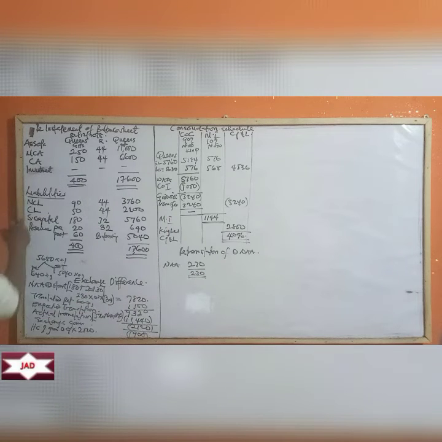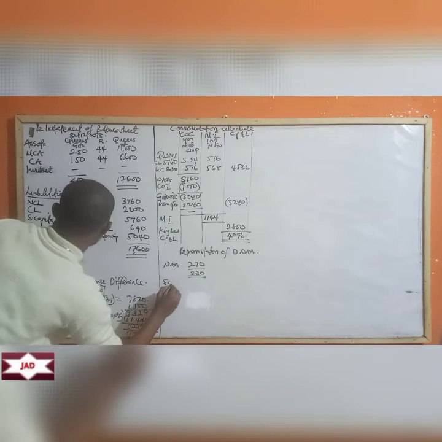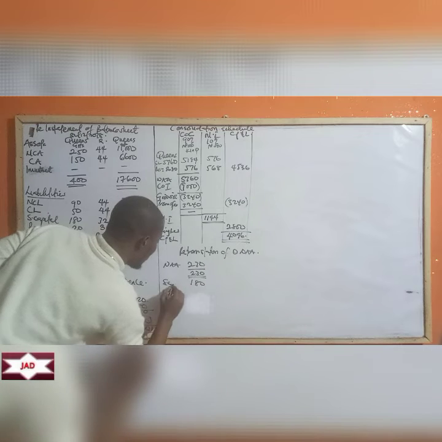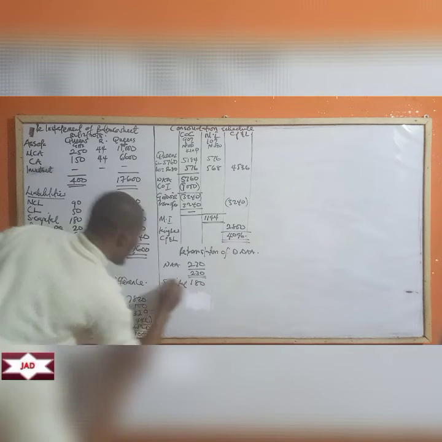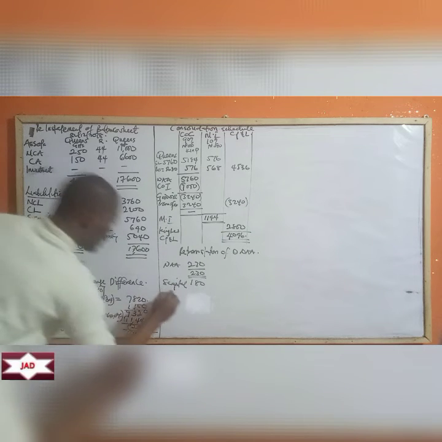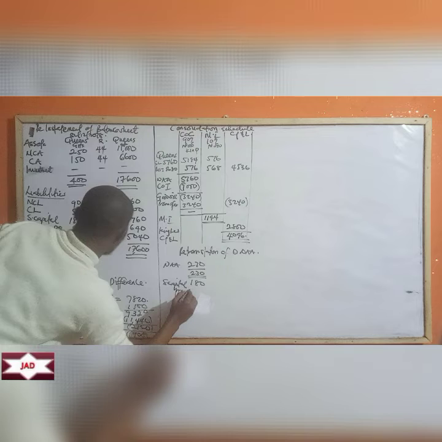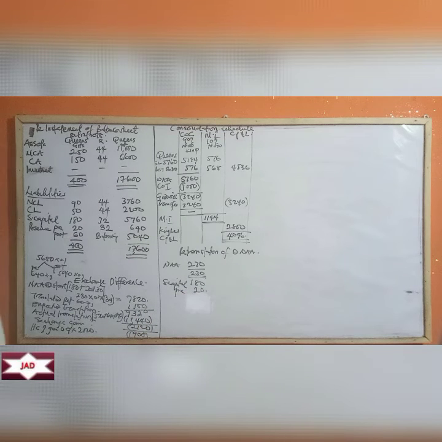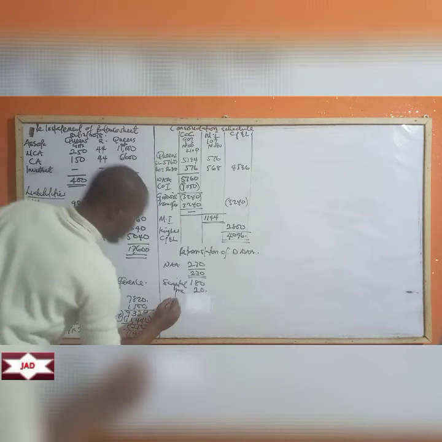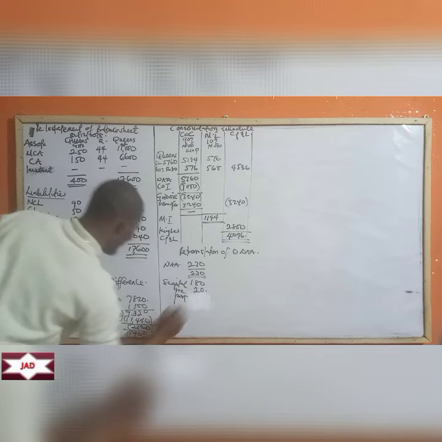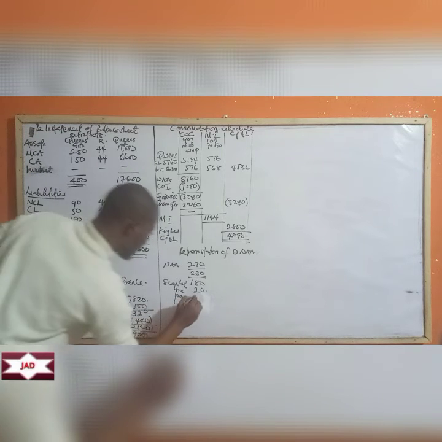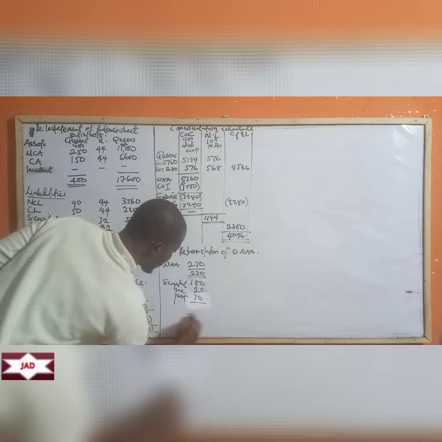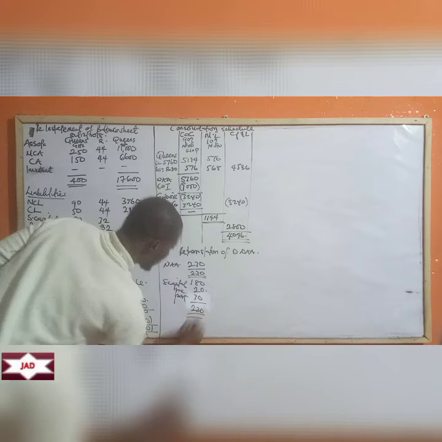It's broken down into what? Share capital of 180. We have pre of 20. Then post is 30. So it gives us 230.